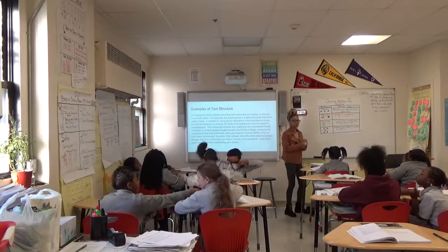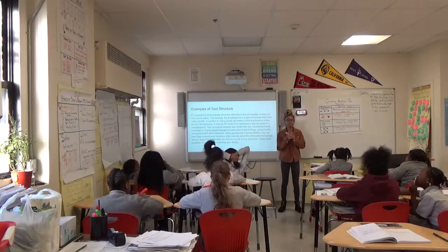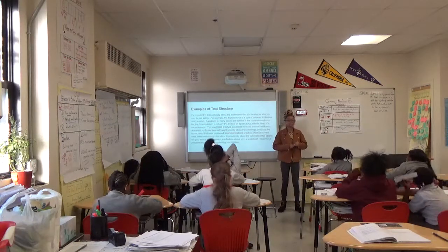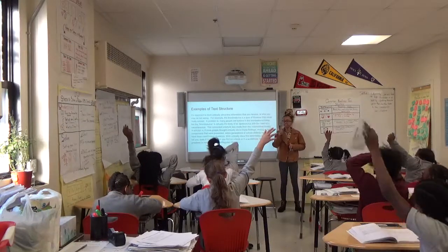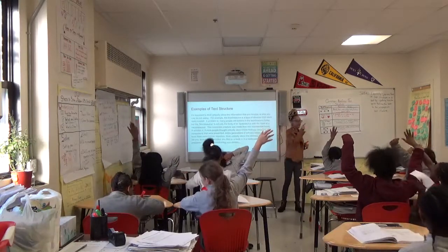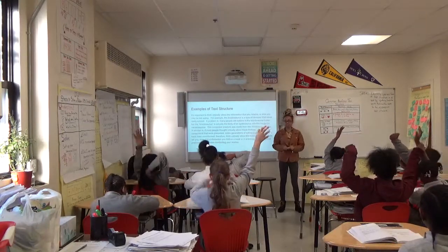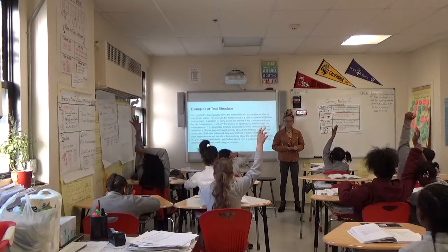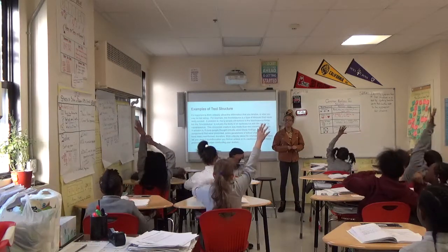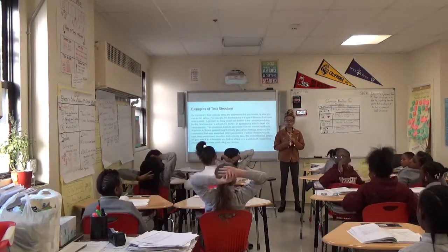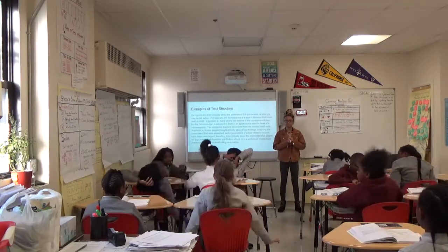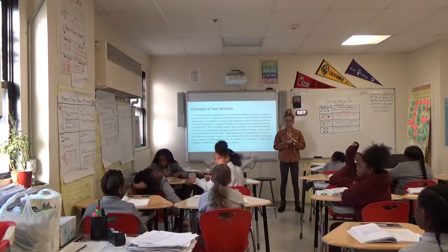Okay, looks like almost everybody's done talking. Track me, please. Who can tell me which one it is? I see 1, 2, 3, 4, 5, 6, 7, 8, 9 scholars, 10 scholars. And you have to have a good argument. Shayna. Wait, hold on, pause. Everyone track Shayna, please. I see you, Abriana.